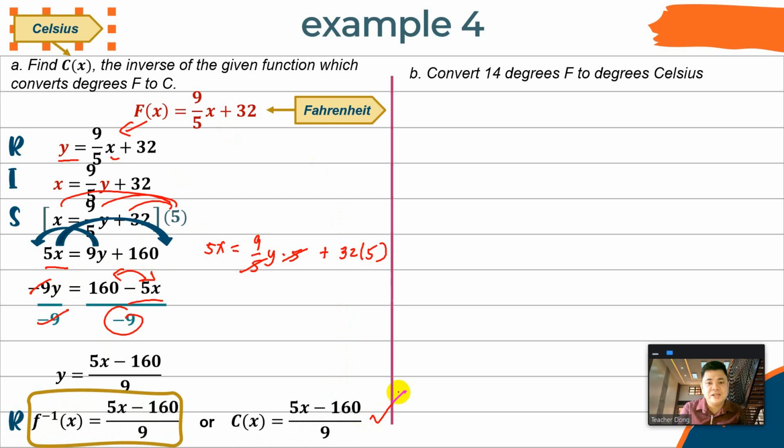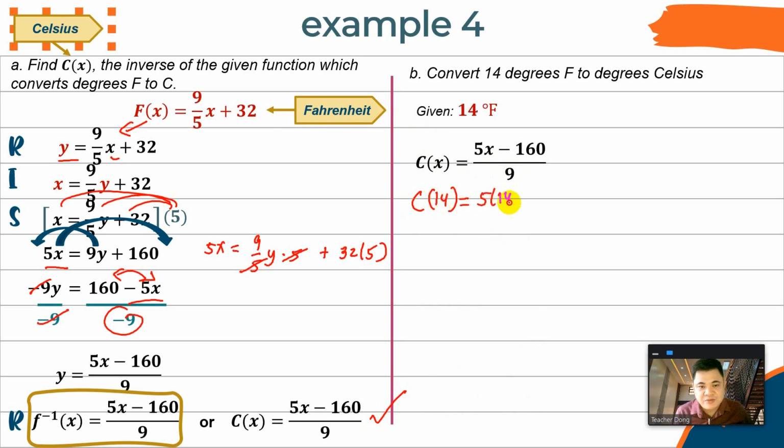Now, convert 14 degrees Fahrenheit to Celsius. First we have this, 5x minus 160 over 9. This is now our formula for Celsius. And then substitute or evaluate. We have C of 14 equals 5 times 14 minus 160 over 9. So that's our problem now.